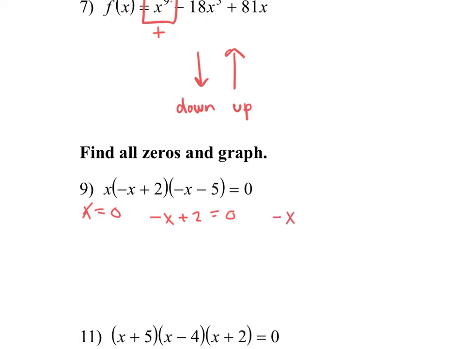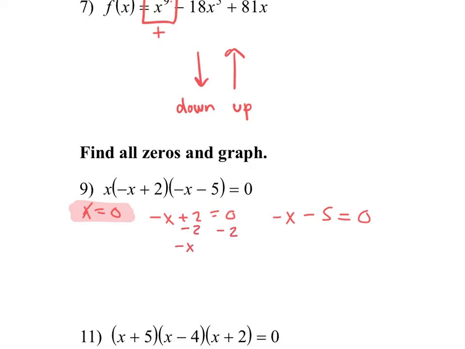And then we have negative x minus 5 is equal to 0. So x is equal to 0 is already solved for us. X is equal to 0. Don't have to do anything there. How do we solve negative x plus 2 is equal to 0? What should we do? We can subtract 2 on both sides.